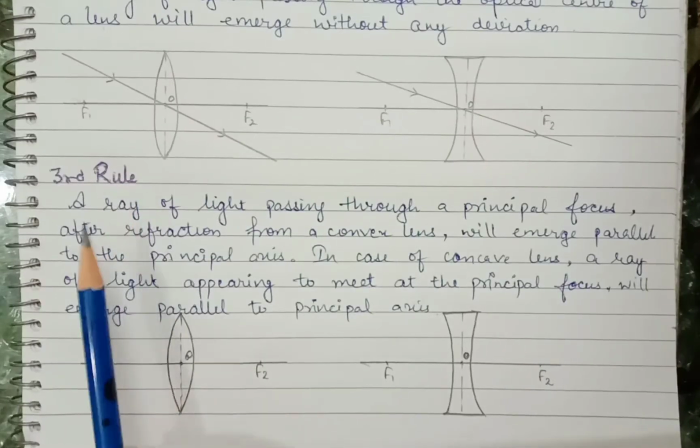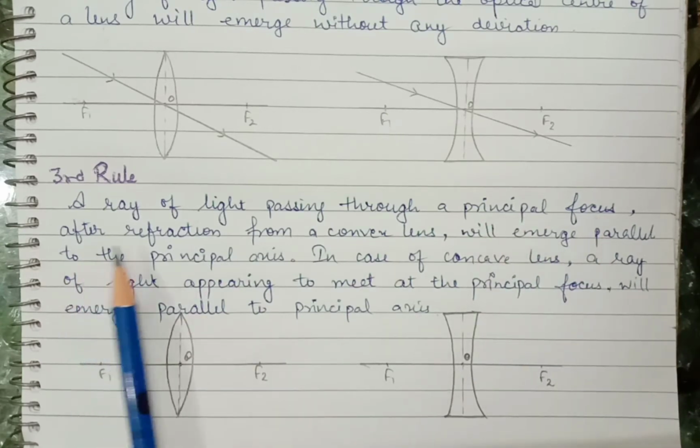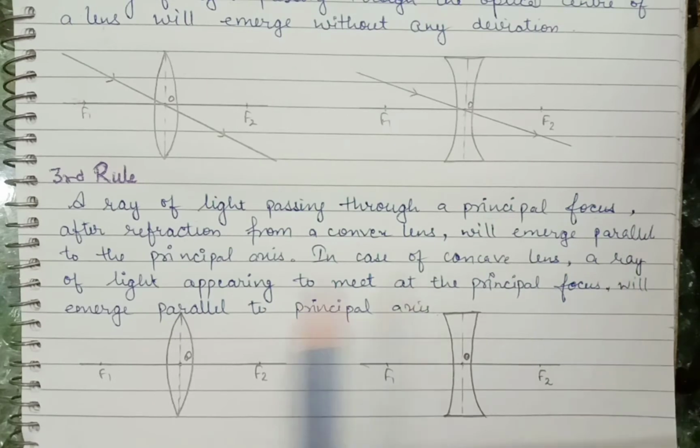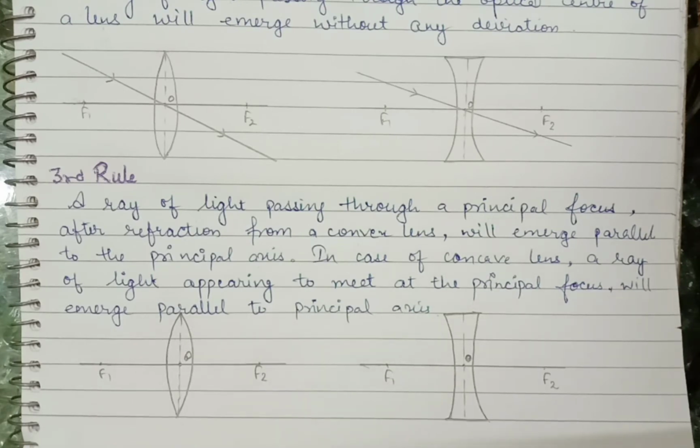The third rule says a ray of light passing through a principal focus, after refraction from a convex lens, will emerge parallel to the principal axis. We will draw the convex lens, its important points F1, F2 and the optical center.